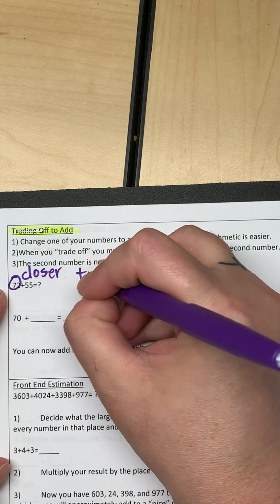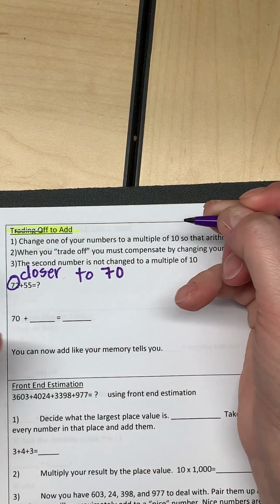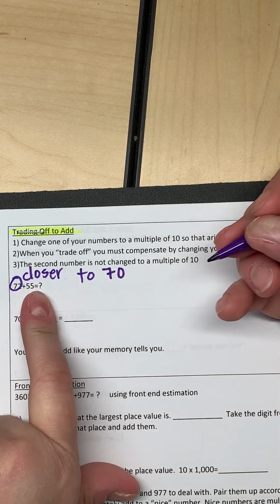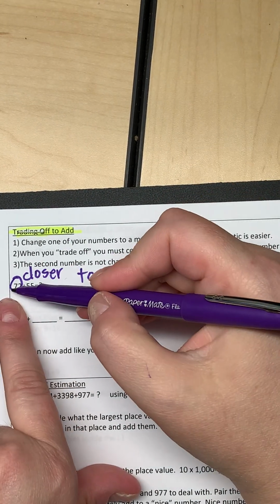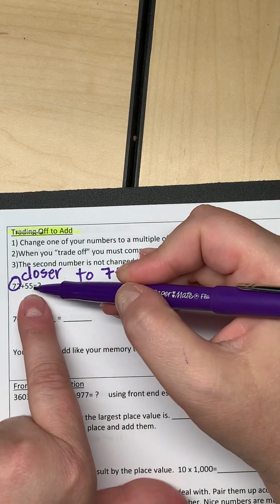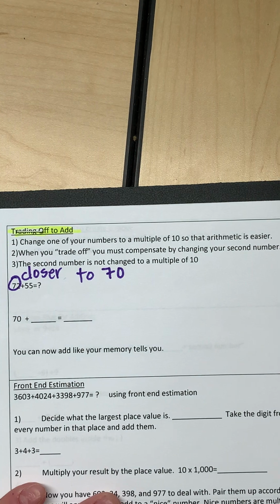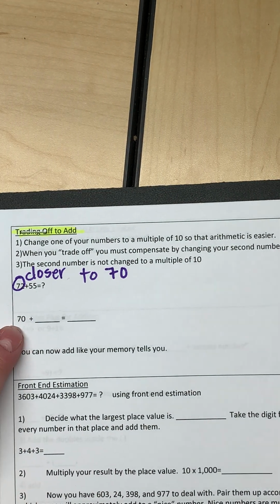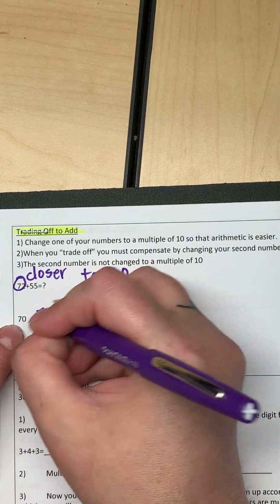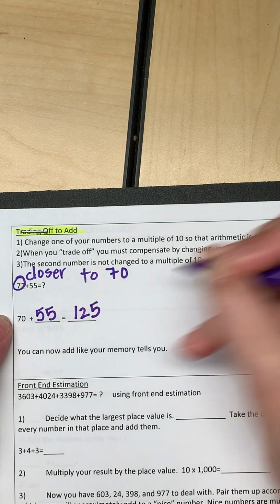It's closer to 70 than 55 is to 50. So 72 is closer to 70 than 55 could be to 50 or 60. Okay, so I'm going to take 70 and add it to 55, and that gives me 125.